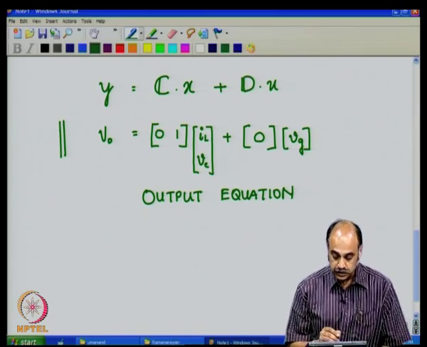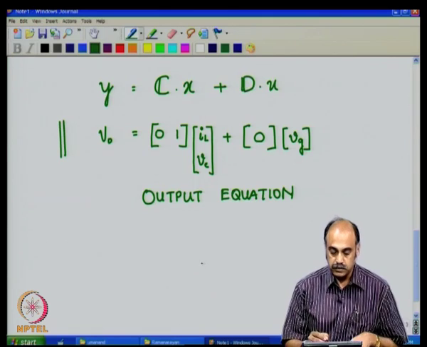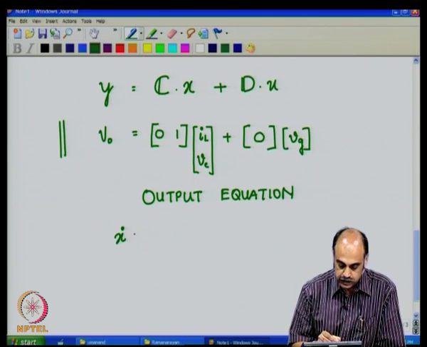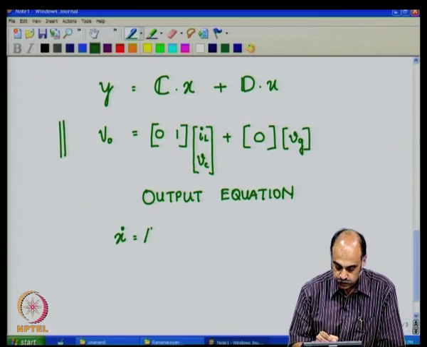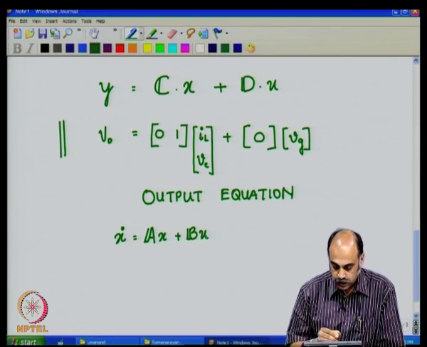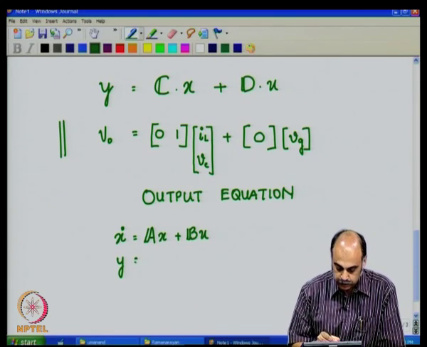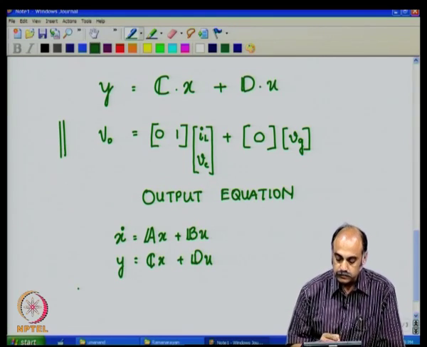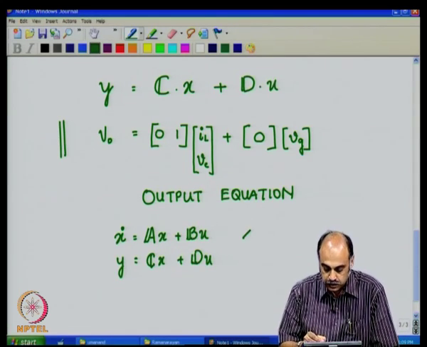The state equation and the output equation together form the state space representation, and always, as I have been telling since the previous class, we represent it in this form. The state equation and the output equation.